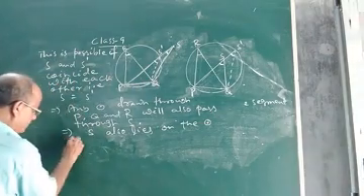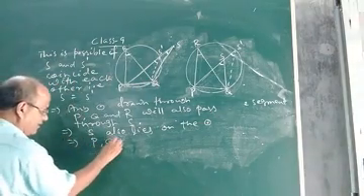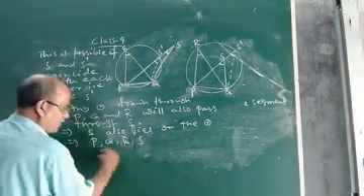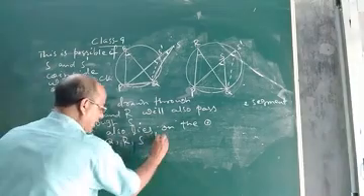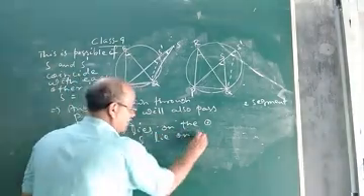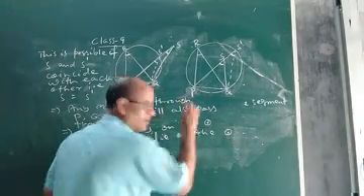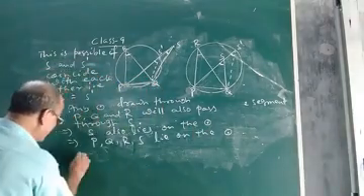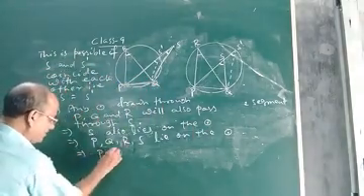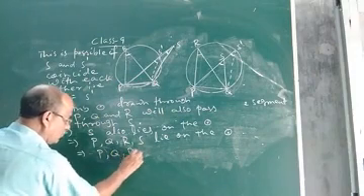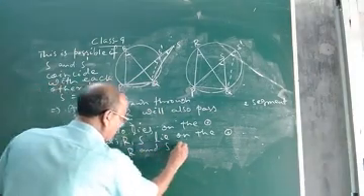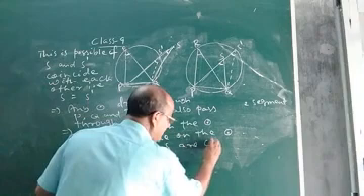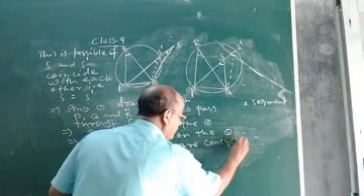That means P, Q, R and S, all the 4 points lie on the circle. And what does it mean? It means points P, Q, R and S are concyclic points.